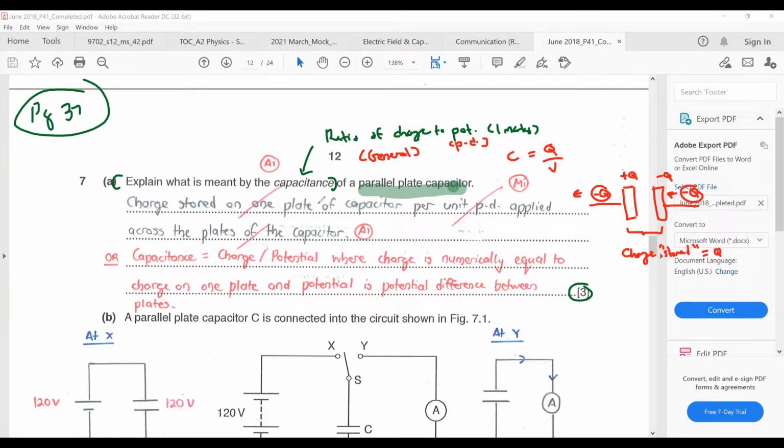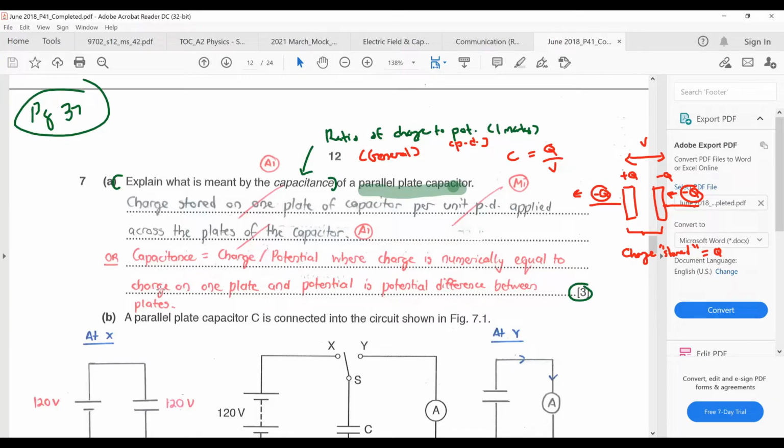So: charge stored on one plate of the capacitor per unit PD applied across the plates of the capacitor. This is the definition and it's worth 3 marks. So this part is okay.